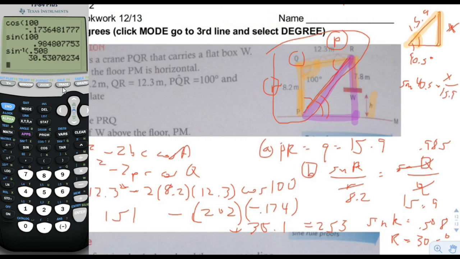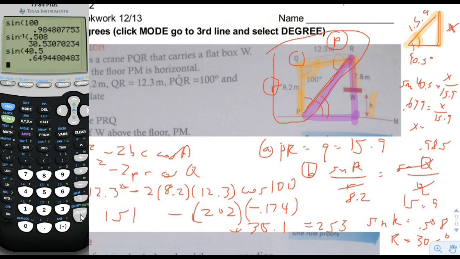Okay? Sine of 40.5, 0.649. So 0.649 equals x over 15.9. So x is equal to 0.649 times 15.9.